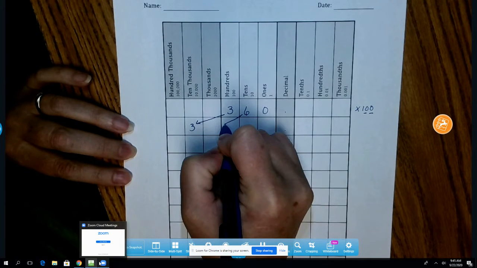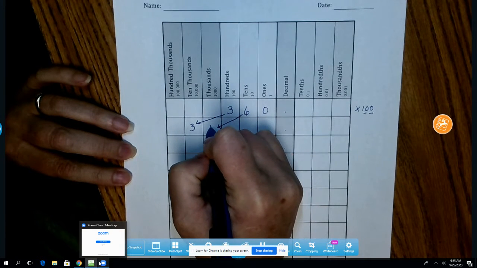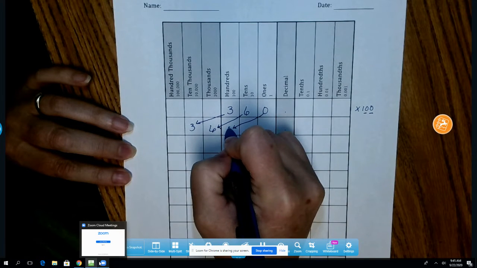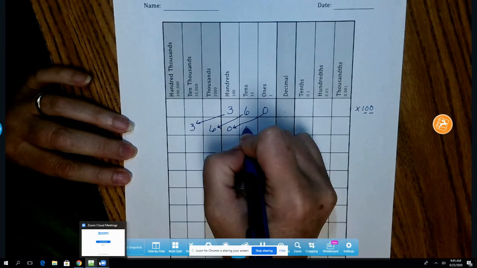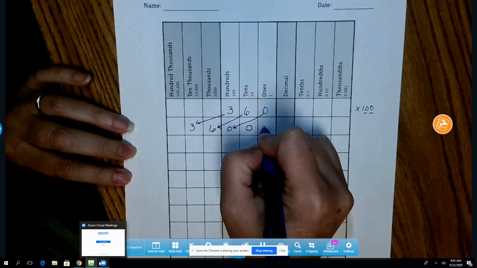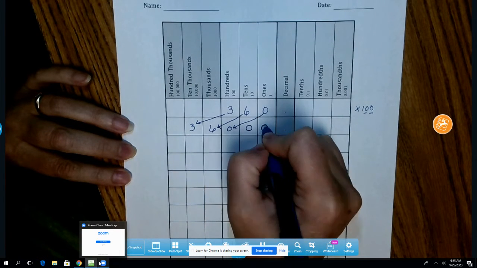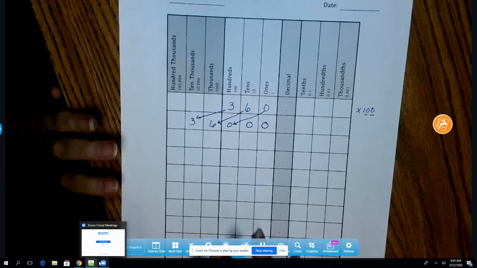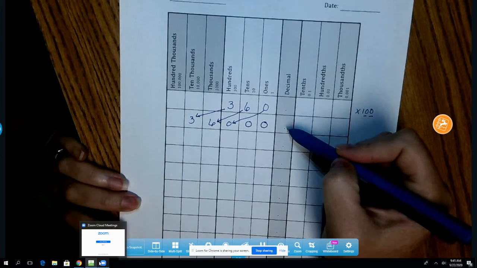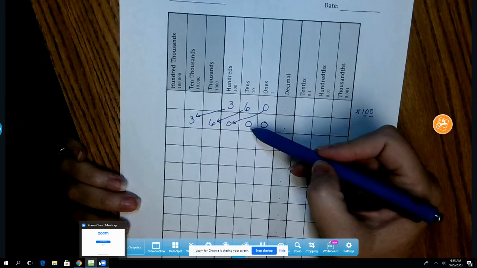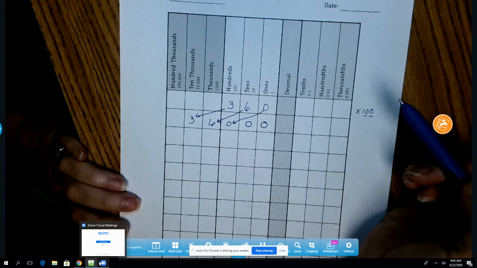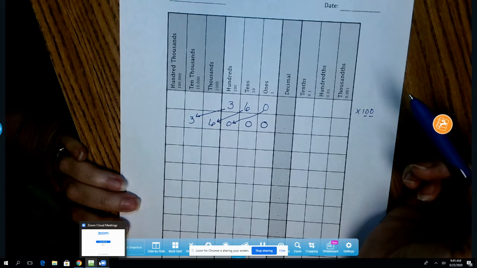The 6 goes 2 places to here. The 0 goes 2 places to here. And then I have 2 more zeros that I'm going to have to add to the end to hold those places. Okay, because it's before the decimal here, and I have to hold these places, otherwise it would just say 360, which is what we started with.